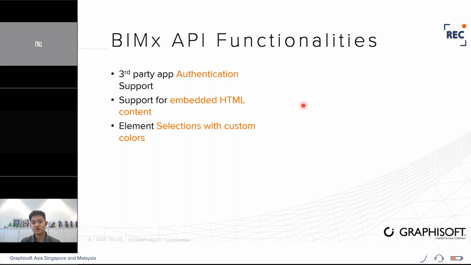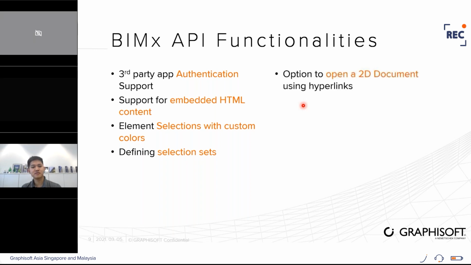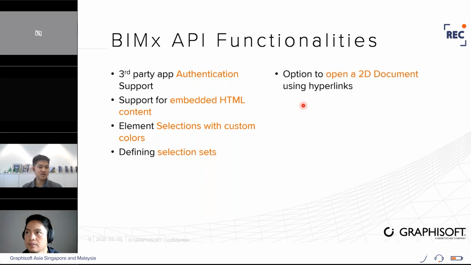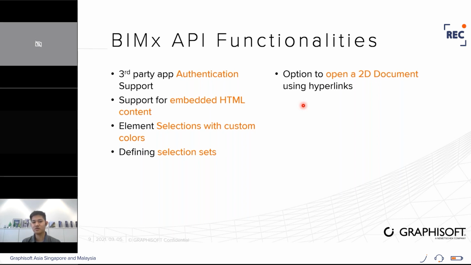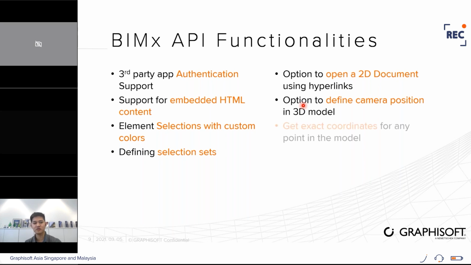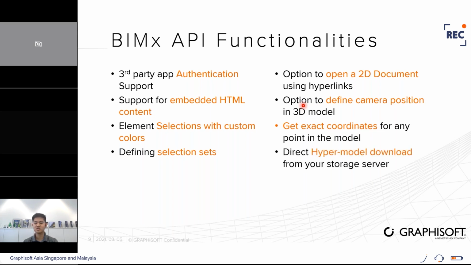You can also add element selections or define selection sets. Like what Marcelo showed earlier, you can open a 2D document, but this time using only hyperlinks. You can also define camera positions in a 3D model and get the exact coordinates for the model, so you can use them as reference.